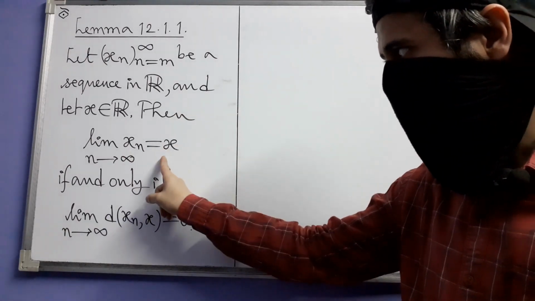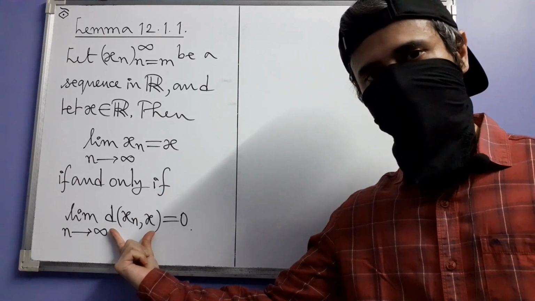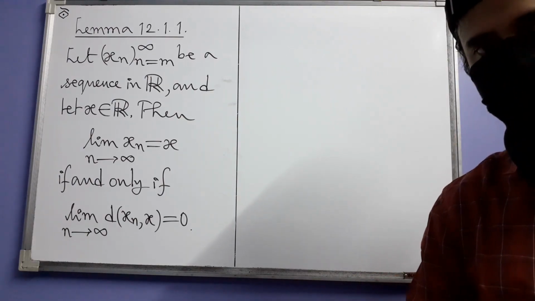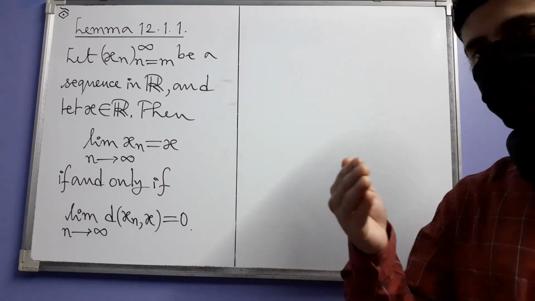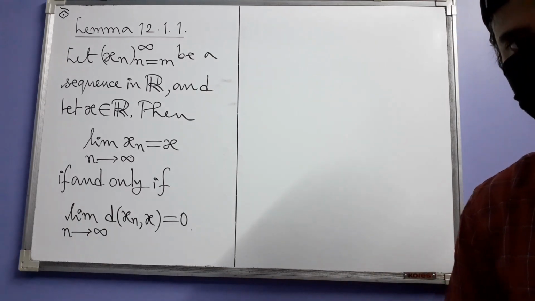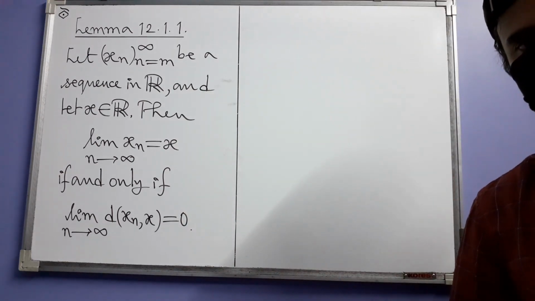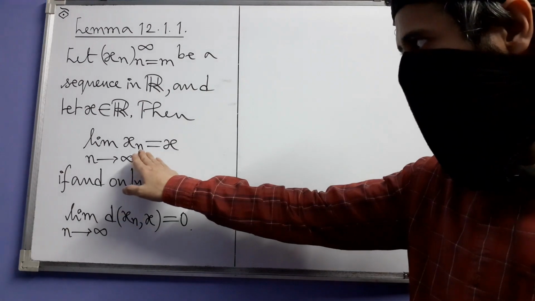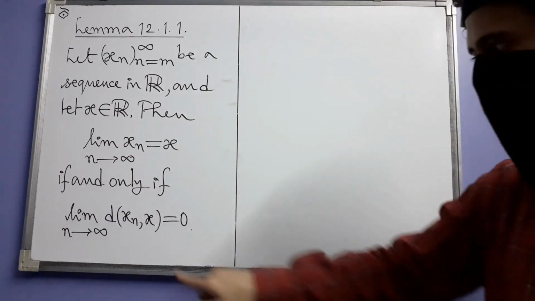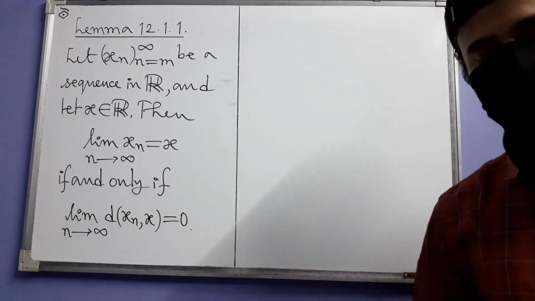Then x_n converges to x if and only if the sequence of numbers d(x_n, x), that means the distances between the terms x_n and x, converges to 0. And it makes sense also because convergence means the x_n's are getting closer and closer to x. So the distance between the terms and x should vanish.